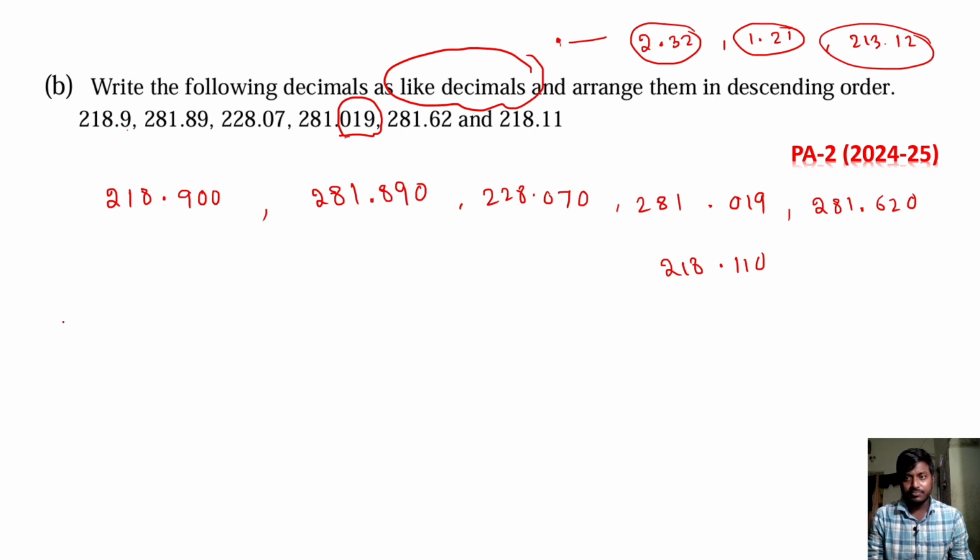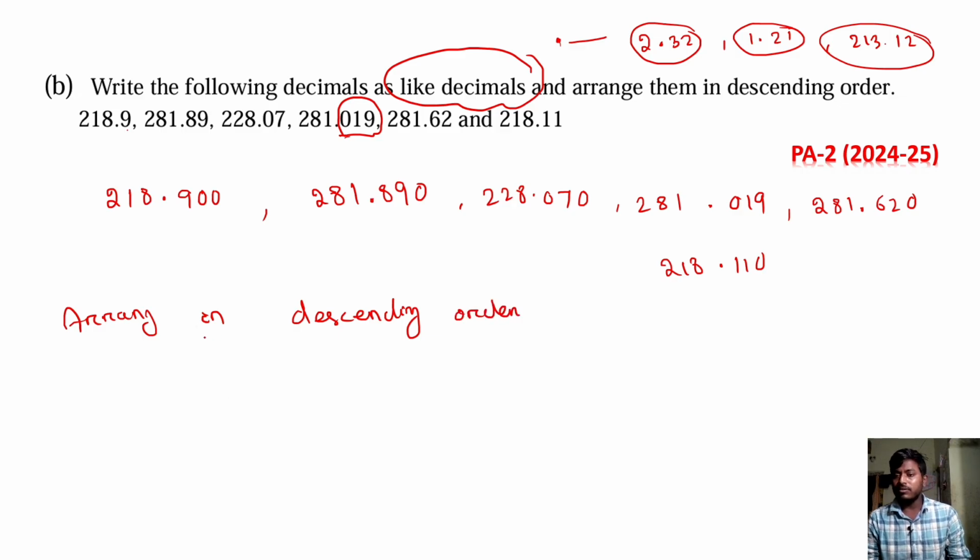Now write in descending order. First write the biggest number. Here is 281, same here also 281.